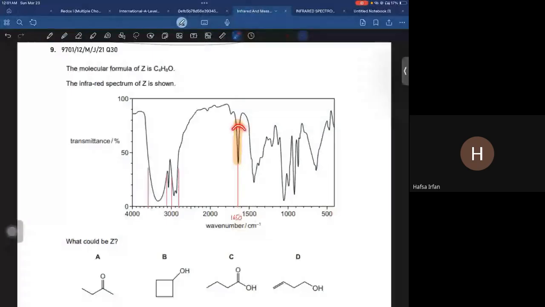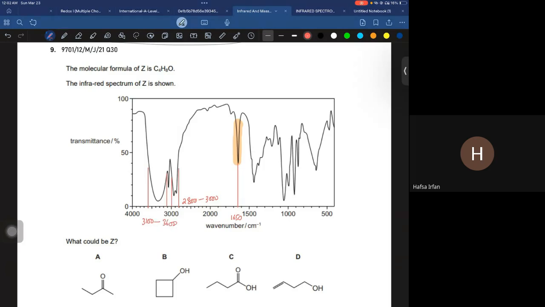So this peak is due to 1650, and then you have two peaks. The first peak is at 2800 to 3000, and another peak is at 3100 to 3600.